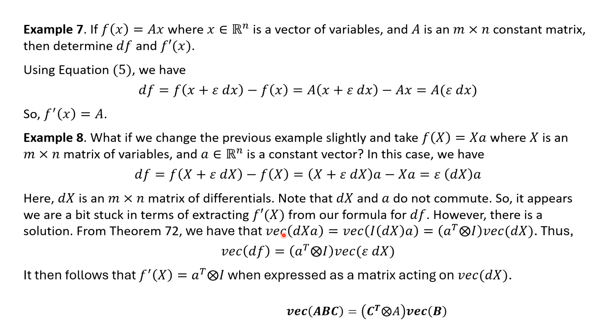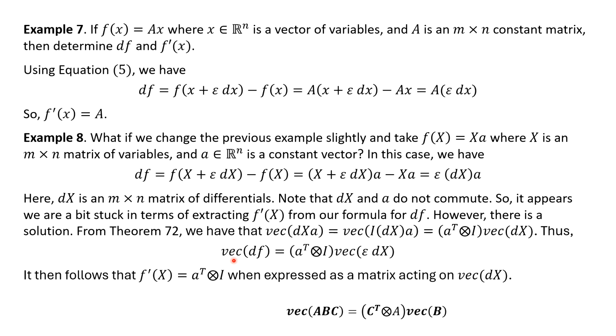So we'll take the vec of dXa, we'll multiply by I, the identity matrix, so this is the same as this. I did that because I want to get three things here to use our formula. Then we apply our formula, and as I mentioned, if this last thing is a column vector, it still works. So we get a transpose Kronecker product with the identity times the vec dX.